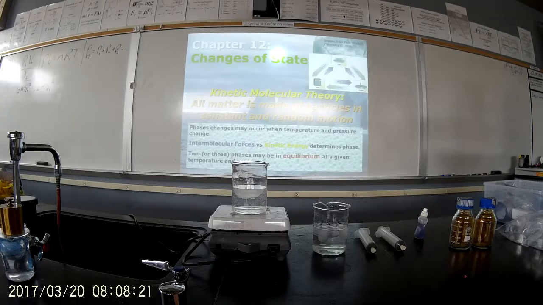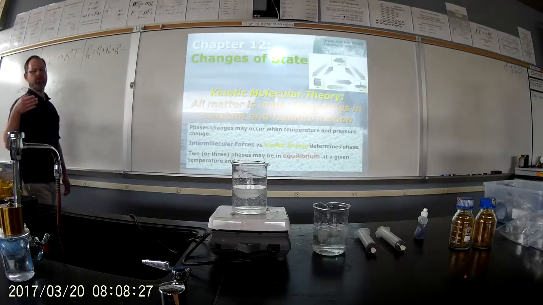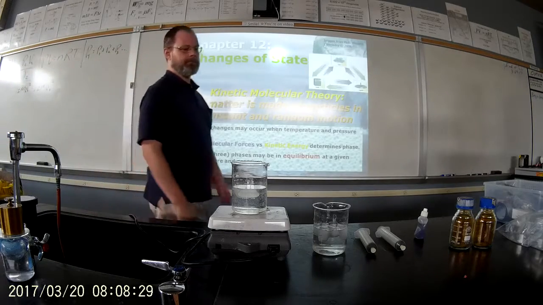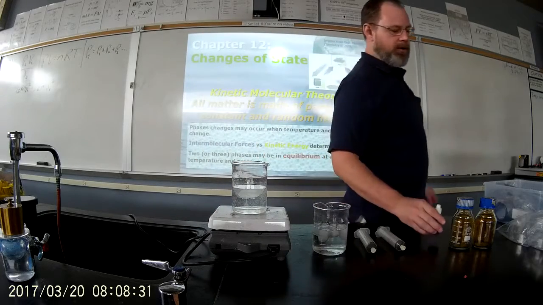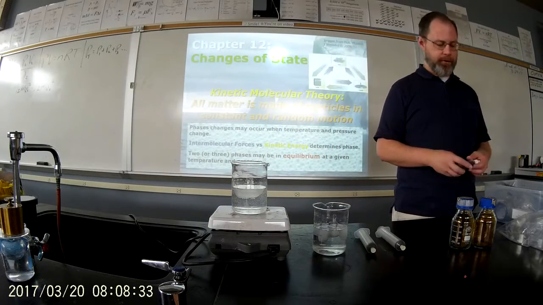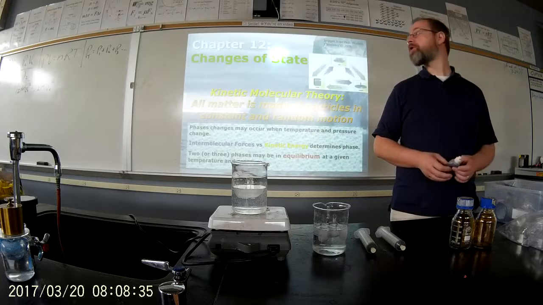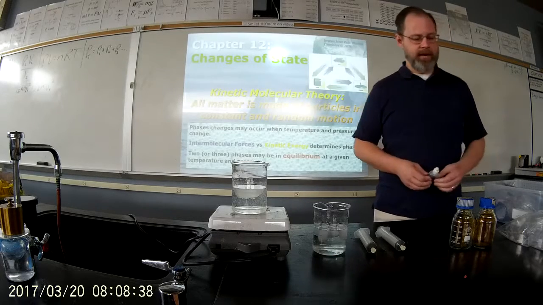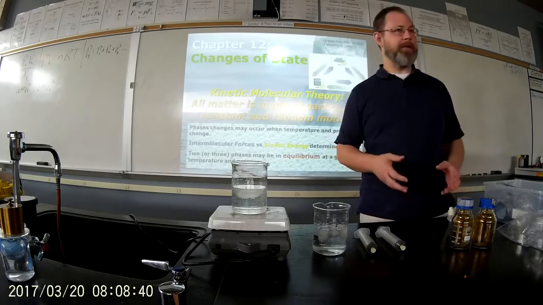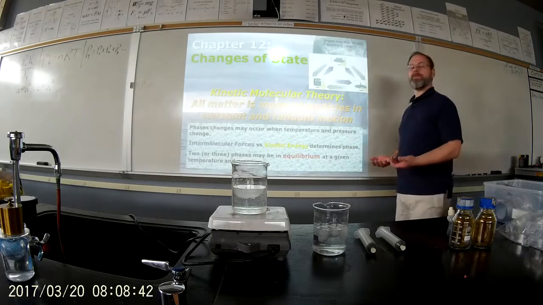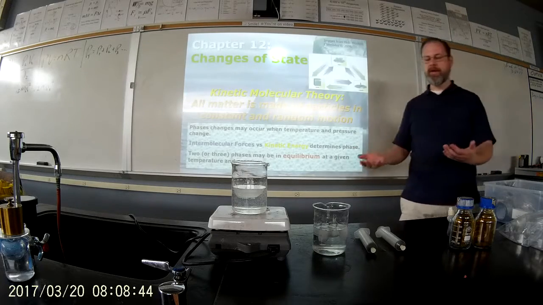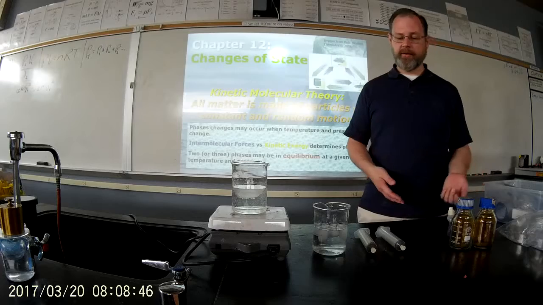All right, so equilibrium is this crazy idea that things move forward and backward at the same rate. And the bulk of this next unit, the first unit in equilibrium, and the 12th chapter, is the idea that when you have things melting at 0 degrees, when water is melting, it is also freezing.